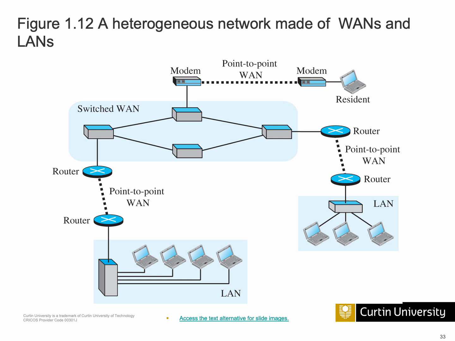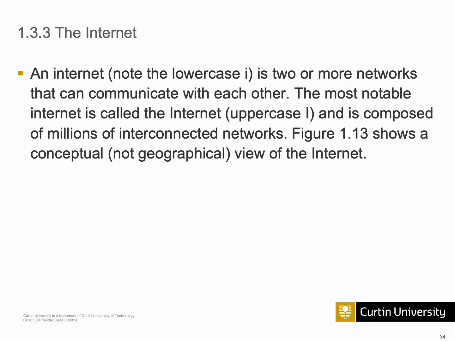This figure shows another internetwork, or internet, with several LANs and WANs. Here you can see different WANs. You can see a point-to-point WAN, and also a switched WAN. So, an internet is two or more networks that can communicate with each other.